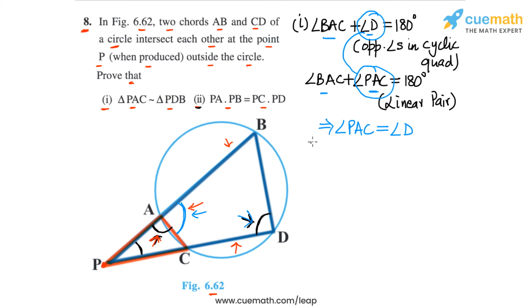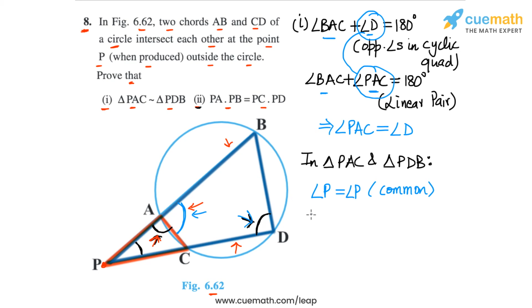Now let's compare the two triangles which we want to show as similar. So in triangle PAC and triangle PDB, how can we show that these triangles are similar? As I said, angle P is common to both the triangles, so angle P is equal to angle P, common, and we have just shown that angle PAC is equal to angle D, or let's write this as angle PDB.